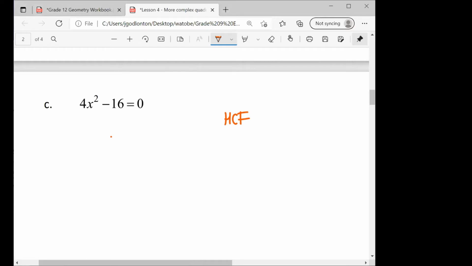So first, the highest common factor in the sum was 4. Beautiful. Okay. So what am I going to be left with in my bracket? I'm going to be left with x squared minus 16. Oh, so close. I mean, is it minus 4? Yes, because when I take that 4 and multiply that 4, I need to get 16. Oh, yeah. Let me just correct that right now. Okay, no problem.